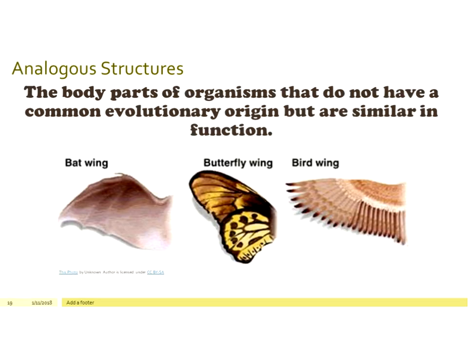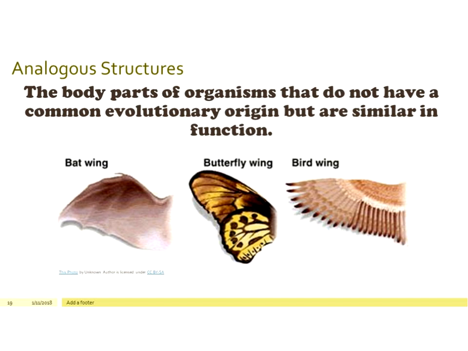Now, because we are talking about those, I did want to share with you what an analogous structure is, which is not something that necessarily supports or shows that there are common ancestors, but it is a term that you do need to be familiar with. An analogous structure is one that functions the same way, but only because they are in similar environments, so they developed a similar trait.